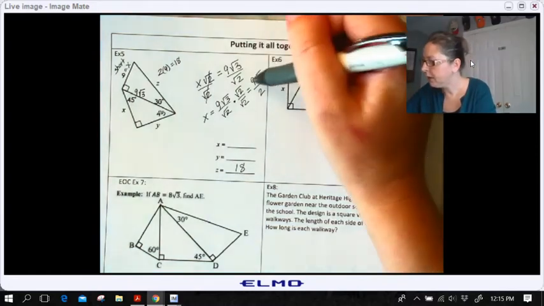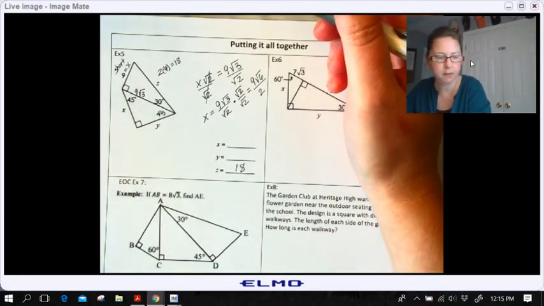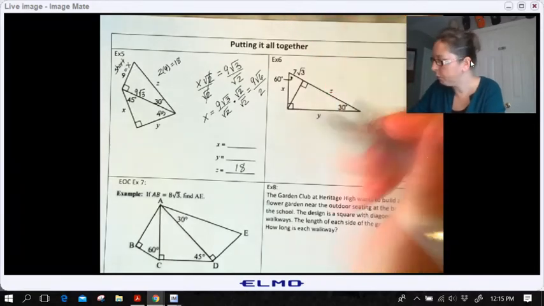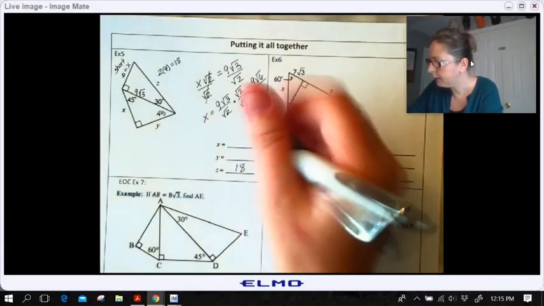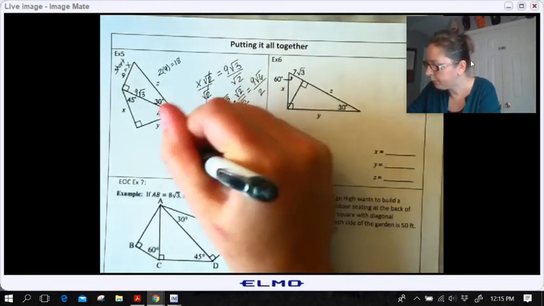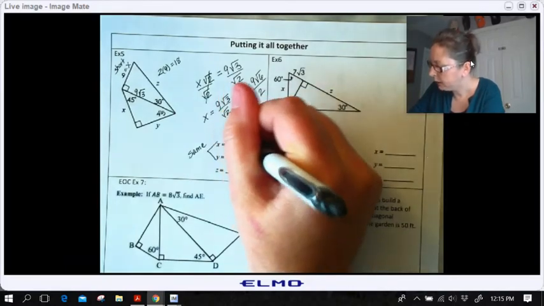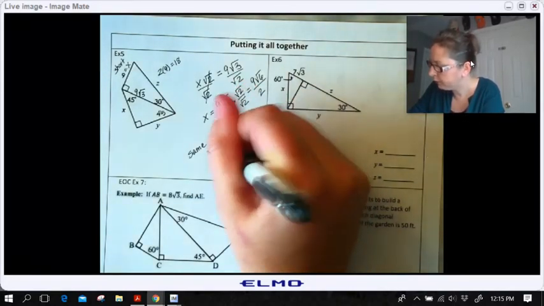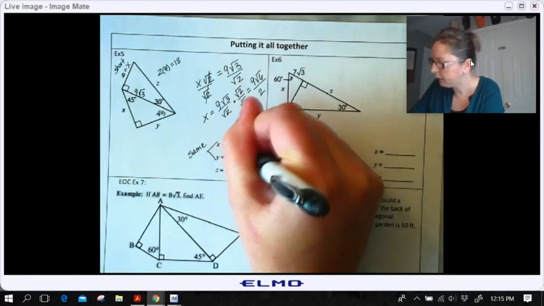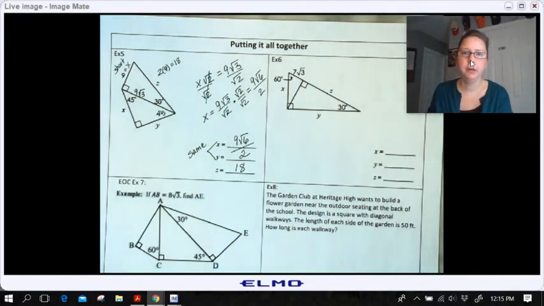And then 9 divided by 2 does not simplify nicely, so I just have to leave it that way. Okay, so for both x and y, they're the same. So I have 9 square roots of 6 divided by 2. Okay, very good. So we are mixing these together now.